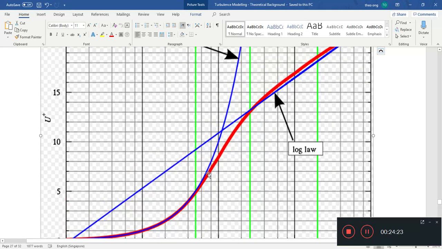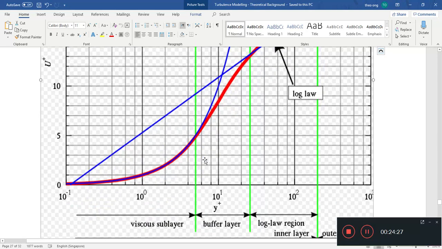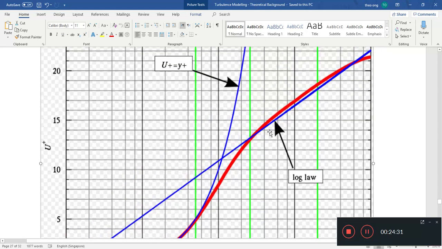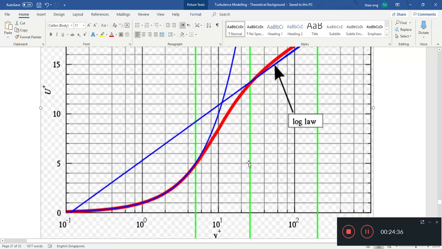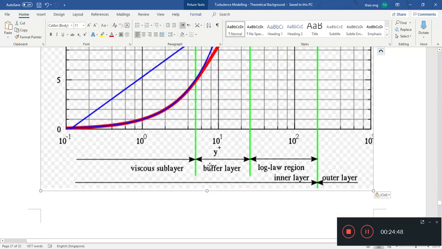But after a while it stops working, at about y plus equals 5, and it starts deviating from the experimental data, which is in red. The log law actually starts to kick in at around y plus equals 30. So in this region here, there is this buffer layer.